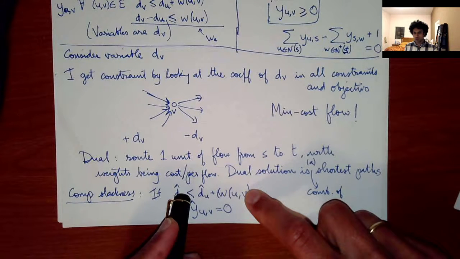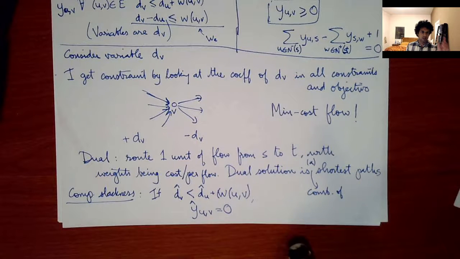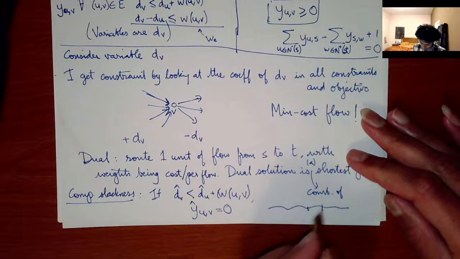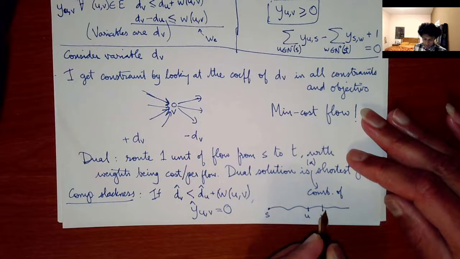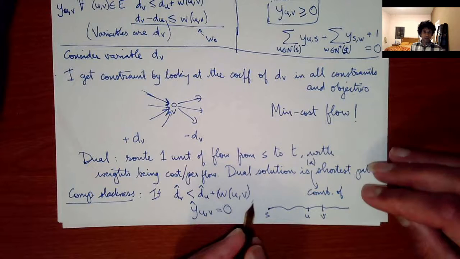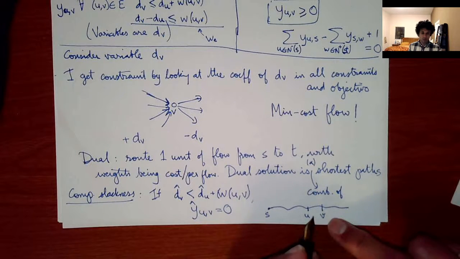So these are just two equivalent ways of saying that the edge uv is not on a shortest path. Because for all edges on a shortest path, the shortest path from S to V is equal to the shortest path from S to U plus the weight of that edge, which would be the right-hand side here. So the fact that it's a strict inequality means that uv cannot participate on the shortest path.